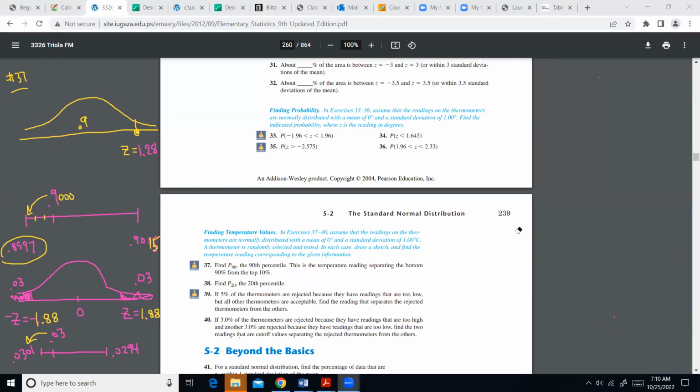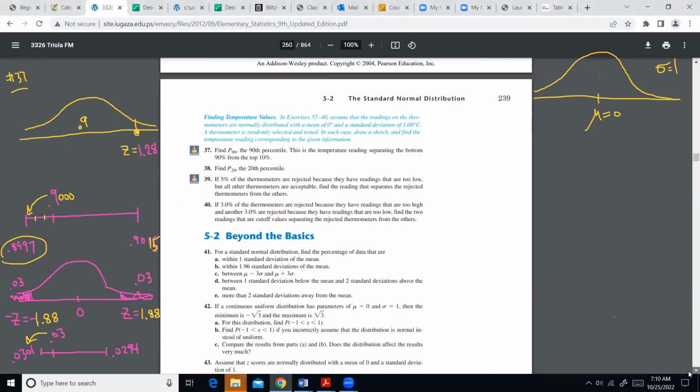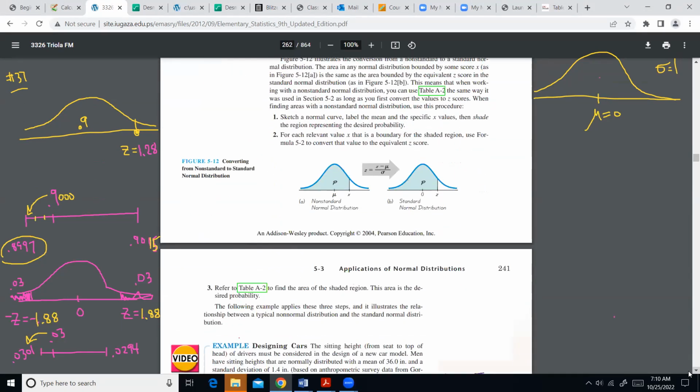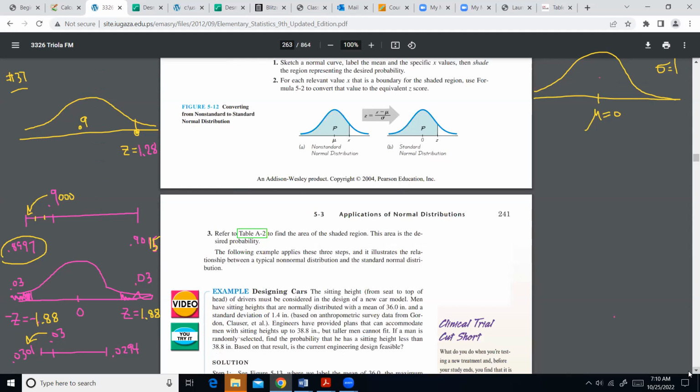So we used to work with a rare case where your mean was equal to 0 and a standard deviation was equal to 1. And of course, the mean and the standard deviation could be just about any values. And that's exactly what they have here in the next section.